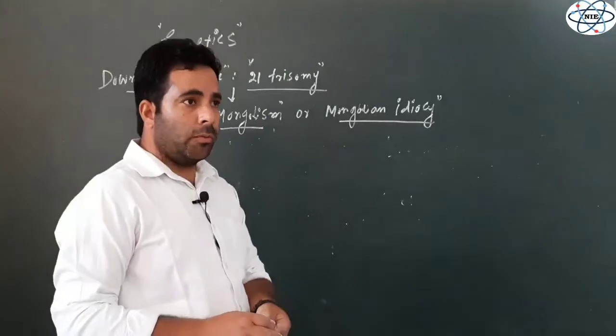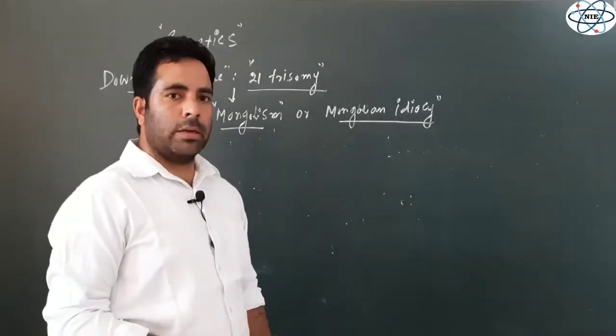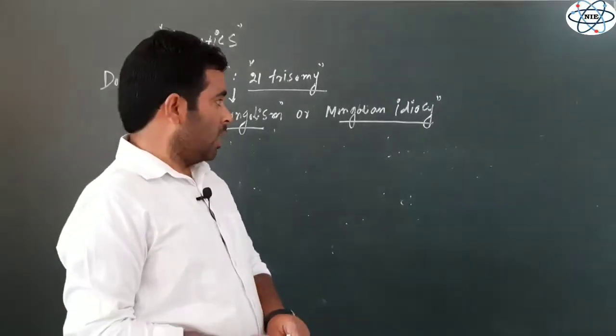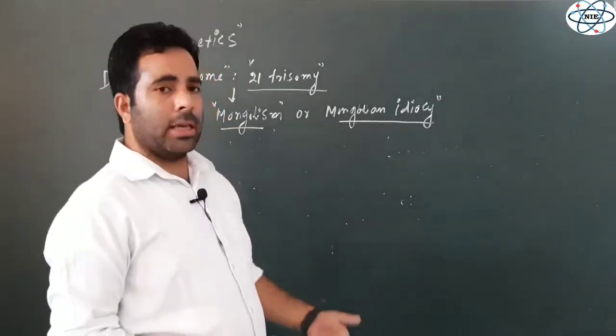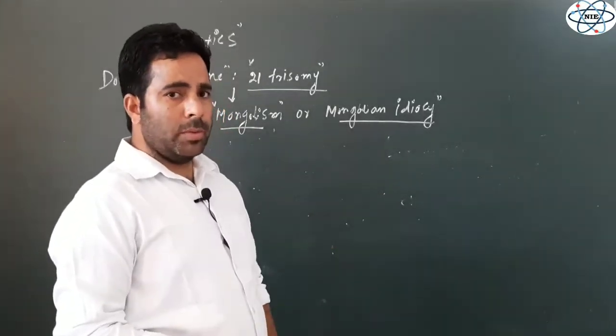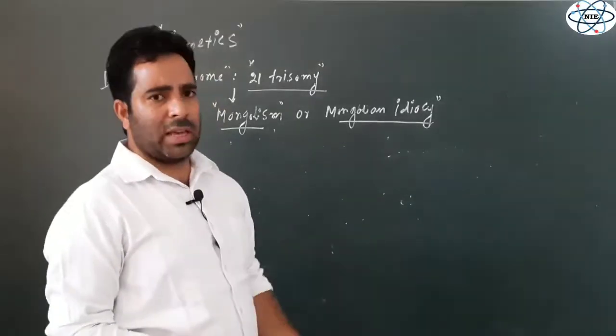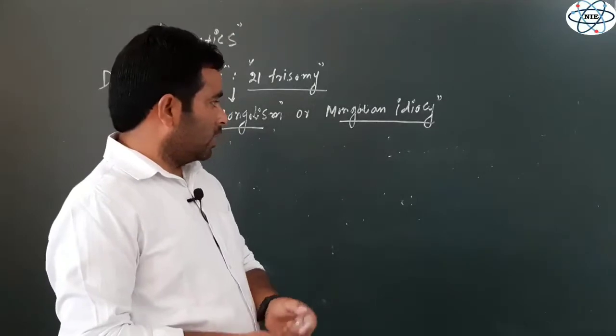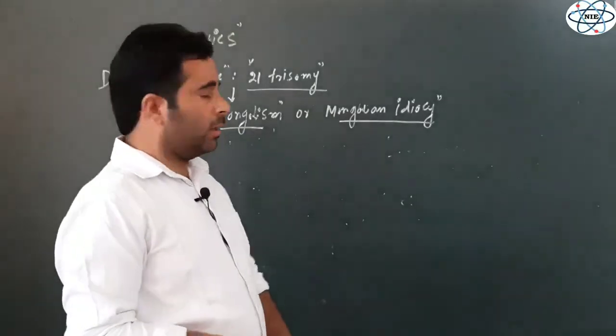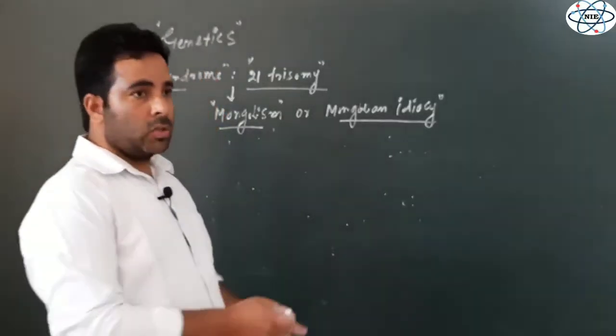For this we can go for different diagnostic analysis, where we isolate the chromosomes of the cell, and then we can get the photograph of the chromosomes, and then we can count, and even find the shape and size of the chromosomes. This particular aspect of human genetics is known as karyotype.